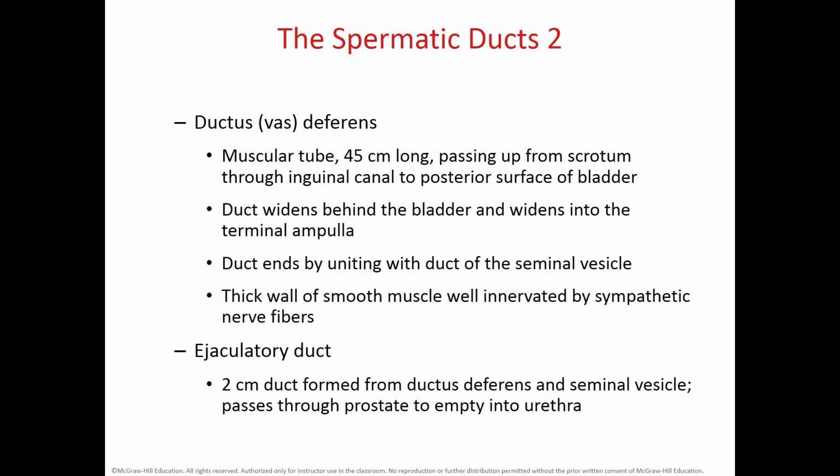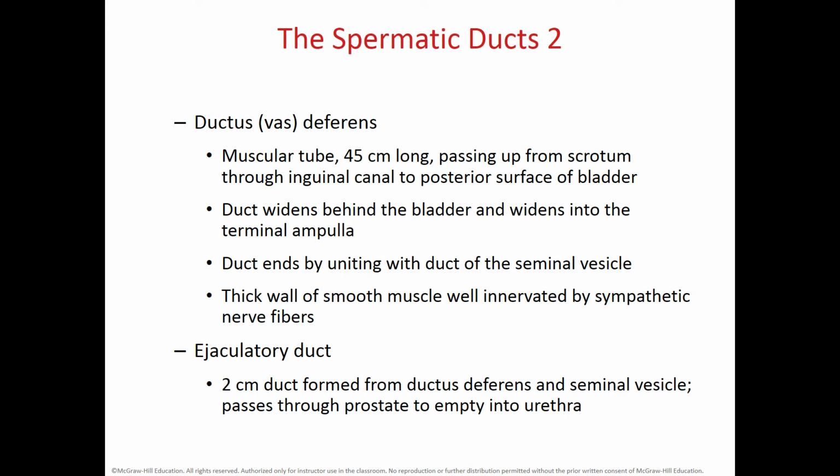The vas deferens or ductus deferens is a muscular tube that has a length of 45 centimeters. It will go from the epididymis, and then it will go into the spermatic cord, traveling through the inguinal canal, and it will surround the posterior superior portion of the bladder, and it will reach the ampulla of the ductus deferens, which is a widened part.